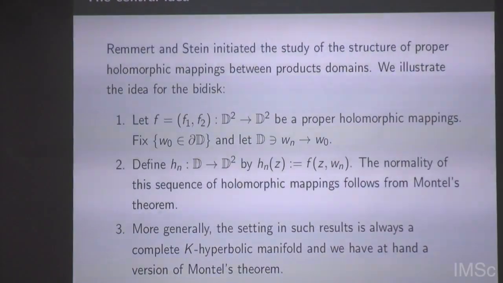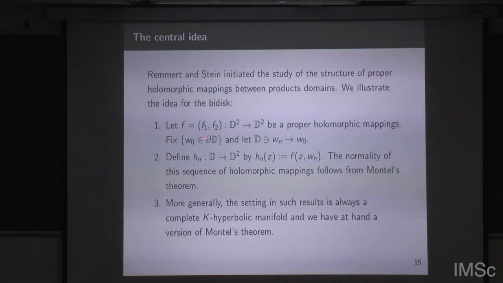We have Montel's theorem. So this will be a normal sequence. That means this sequence will either have a convergent subsequence or it will diverge uniformly on compacts. More generally, all the results of this type will always have the target being complete Kobayashi hyperbolic. The moment the target is complete Kobayashi hyperbolic, we have at hand a version of Montel's theorem that will show that the family of holomorphic mappings into this space is automatically normal.